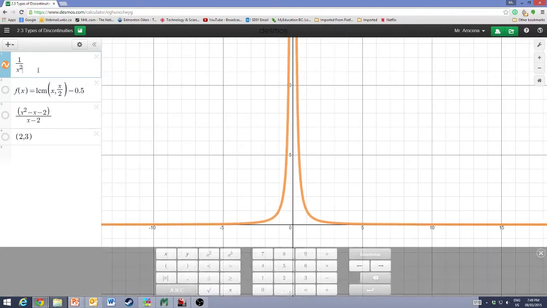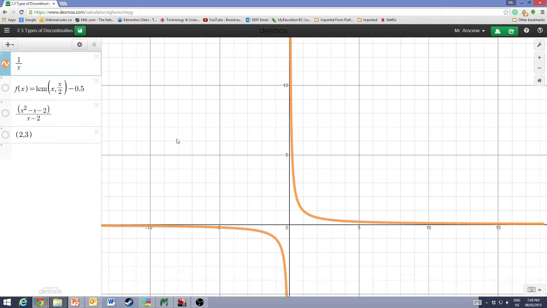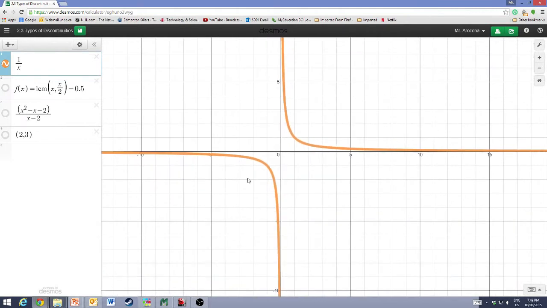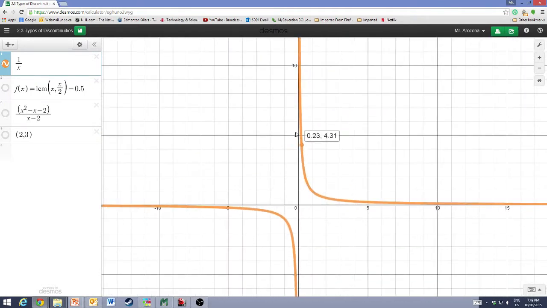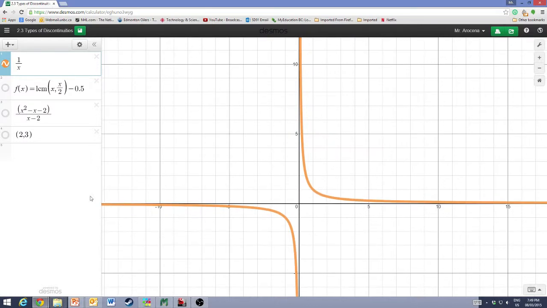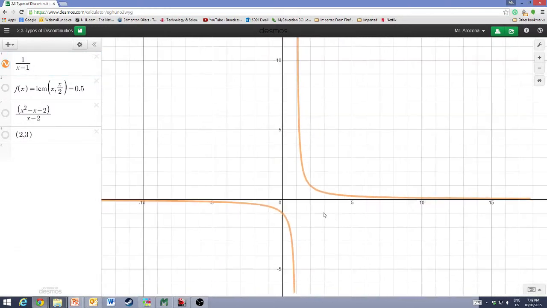You can have infinite discontinuities going in opposite directions as well. For example, like this, where one side goes towards negative infinity and one side goes towards positive infinity. Still considered an infinite discontinuity at x equals 0. If the asymptote moves, like for example this is x minus 1, then the discontinuity moves with it.